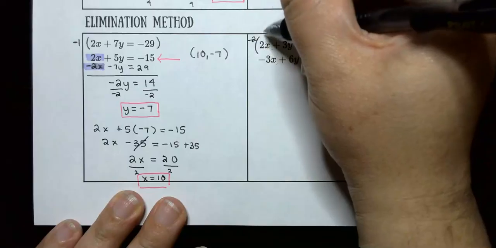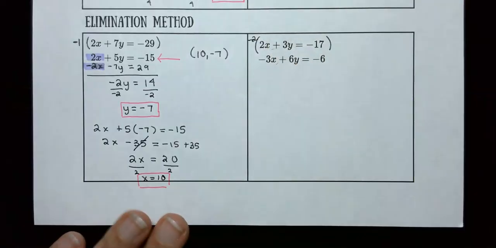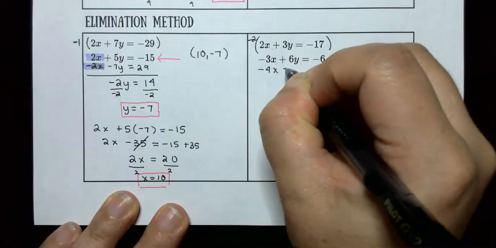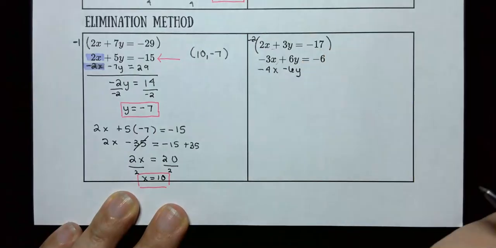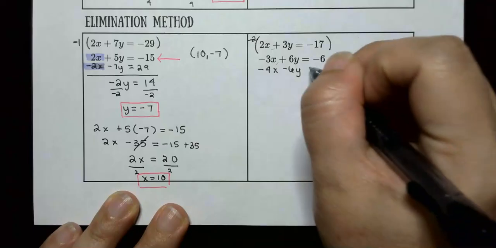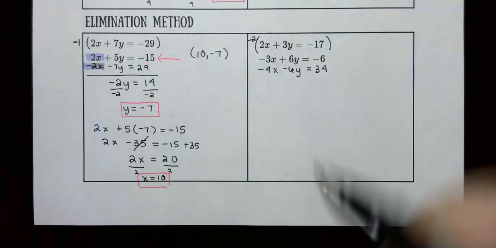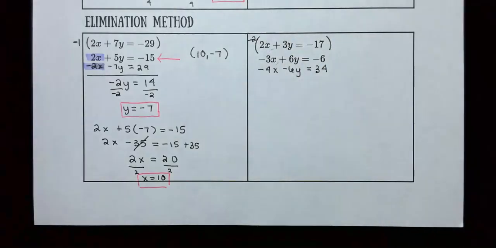We're going to multiply all these numbers here by negative 2. So if we do that, we're going to get a negative 4x, a negative 6y, and I'm going to say that this is going to be a positive 34. So if you multiply negative 2 times a negative 17, it's going to give us a positive 34.